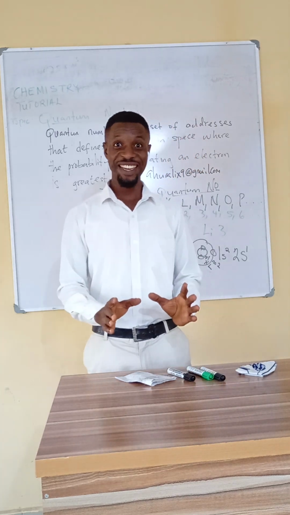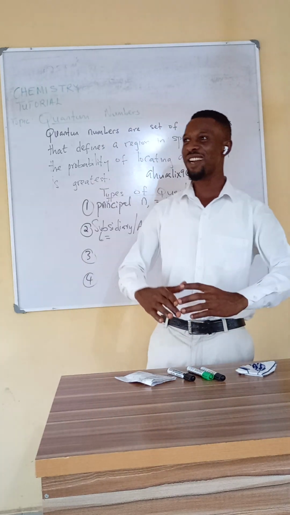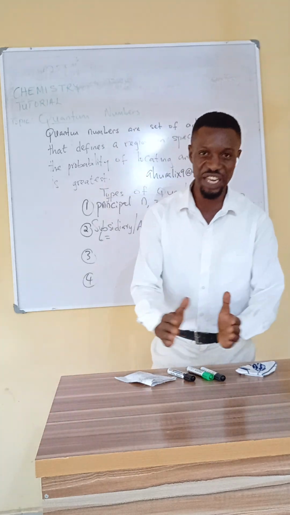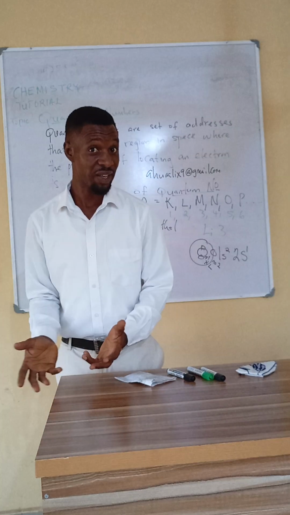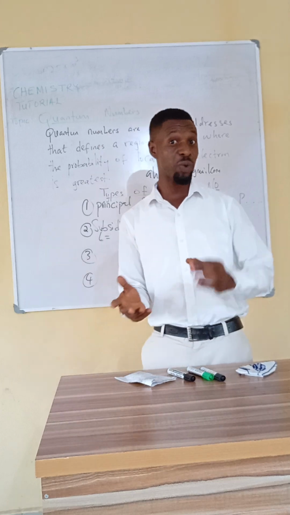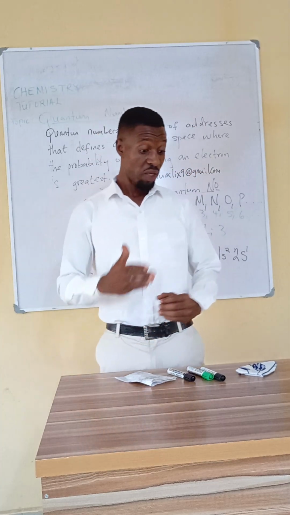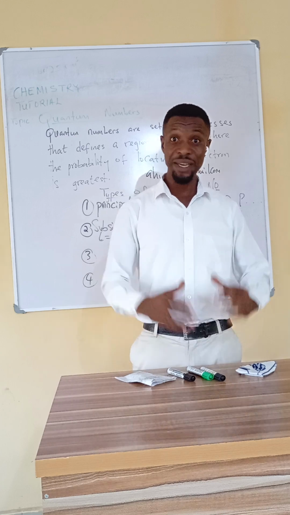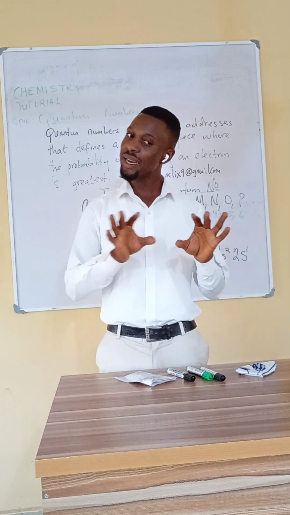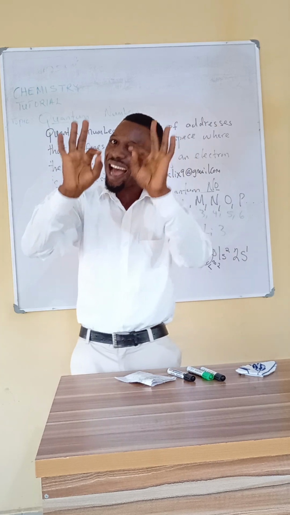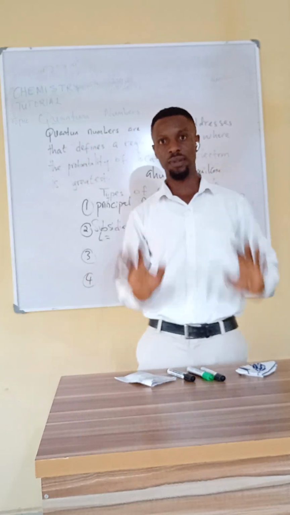Electrons are actually in energy levels. They're not just random anywhere in an energy level, but they are housed by sub-energy levels known as orbitals. Of course, an orbital is a region in space where the probability of locating an electron is highest.